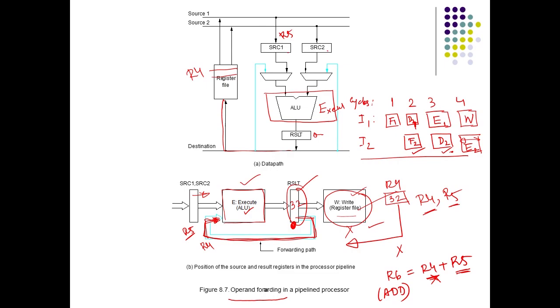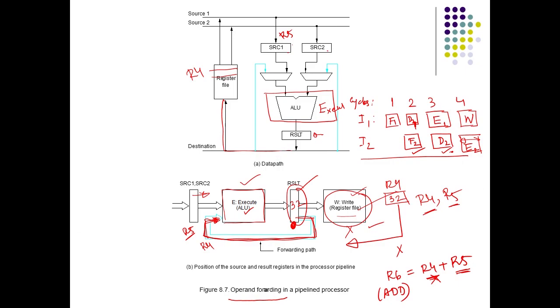You can check this very simply: look at the destination of the previous instruction and check the operands. If there is any match, then obviously there is a dependency. If there is a dependency, it will use the operand forwarding technique. What is operand forwarding?